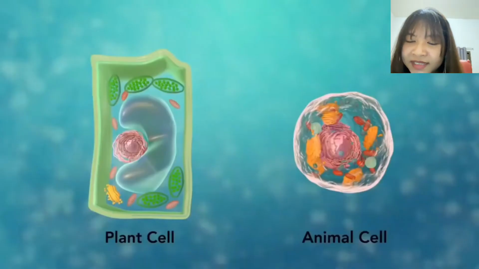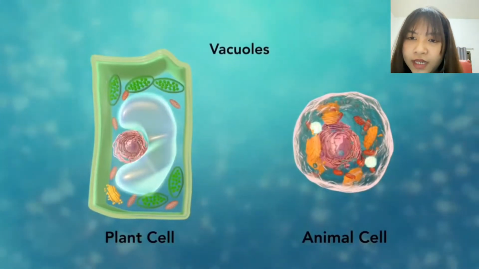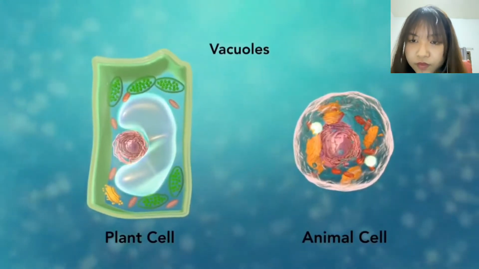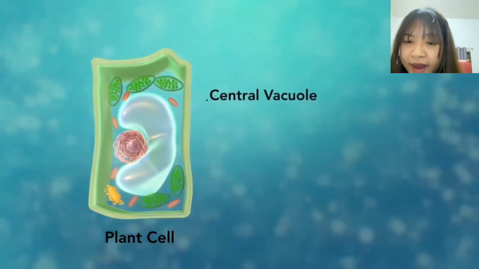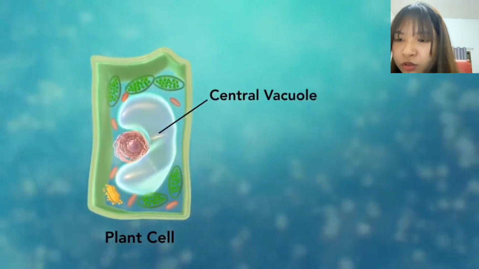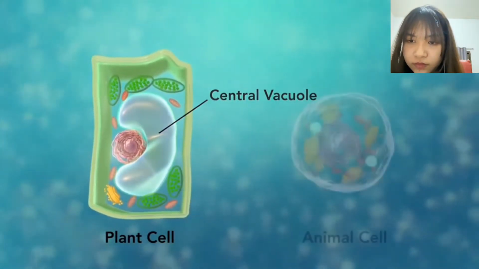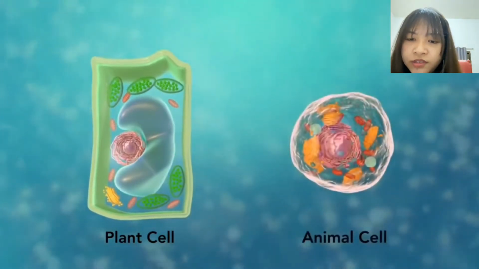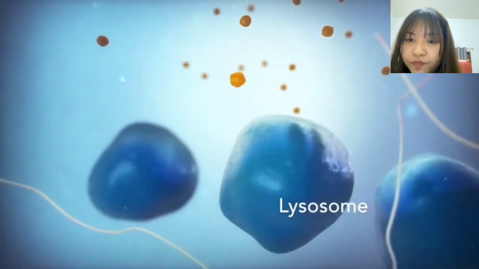Vacuoles are sac-like structures that store different materials. Here, in these plant cells, the central vacuole stores water. Going back to the animal cell, you see an organelle called a lysosome.